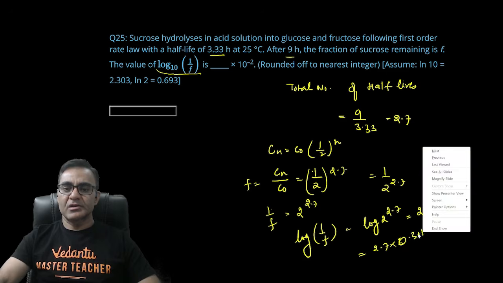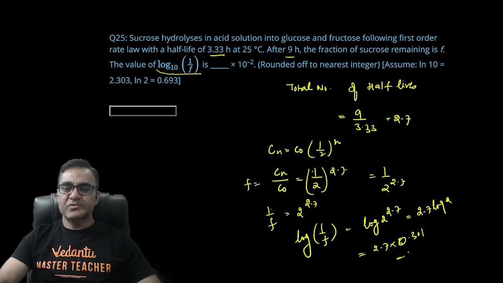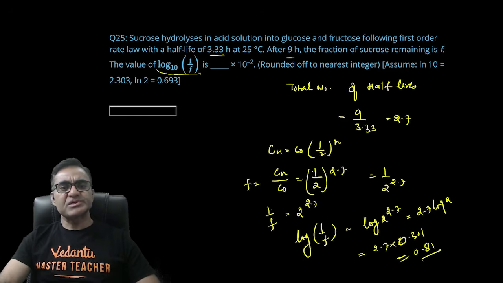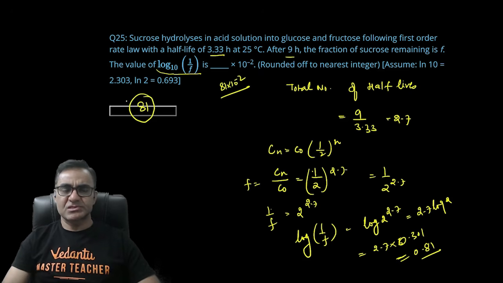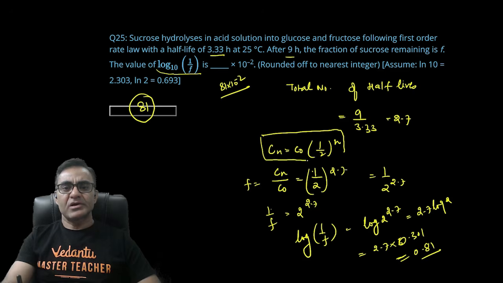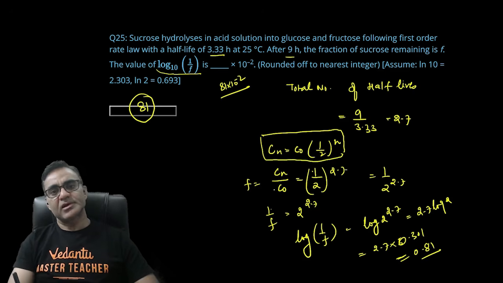Putting this value, I can roughly get 0.81. So I can express this in the form of 81 into 10 raised to the power minus 2, so you have to write 81 as the answer of this particular question. Simply, it is based on first order kinetics, which has to be solved by using this equation: the final concentration of a reactant after nth half life is equal to C naught half raised to the power n.